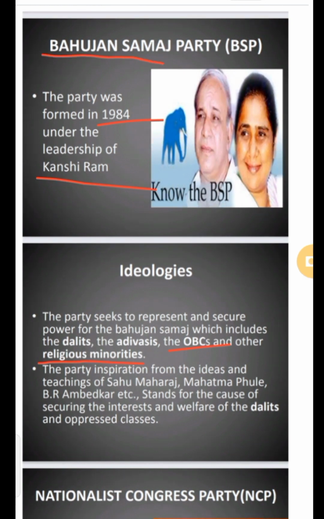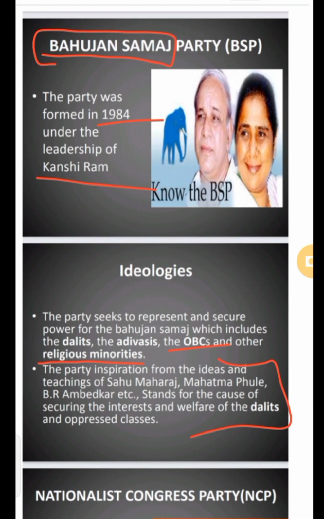The name of the party itself says that we support a particular section of the society. And this party draws its inspiration from the teachings of these social reformers, that's Sahu Maharaj, Baba Sahib Ambedkar, Periyar Ramasamy, and Mahatma Phule. These are all social reformers.